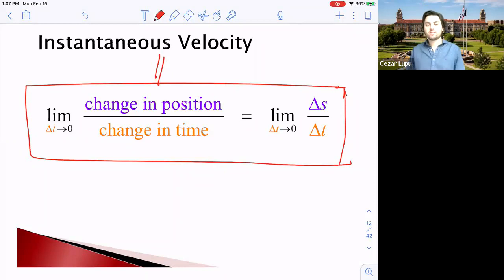So that's the formula for the instantaneous velocity. We would like to see now how this is related to the derivative. So far, I haven't mentioned the derivative yet. As you can see, I just played a bit intuitively without any derivatives yet.